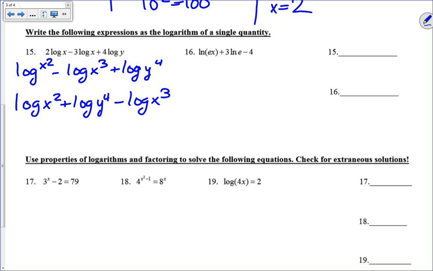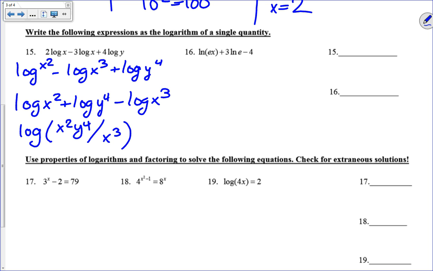Now how do we combine these together into one log? We got the addition, that's what? Multiplication. And we have subtraction, which is division. So we can combine them two together, and we would get log of x squared y to the 4th, and then divide by the x cubed.